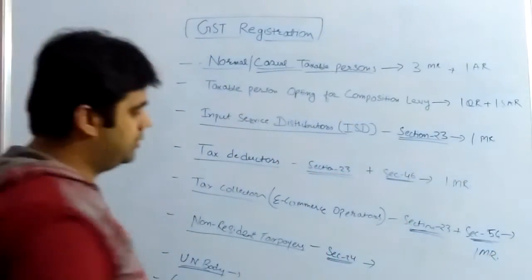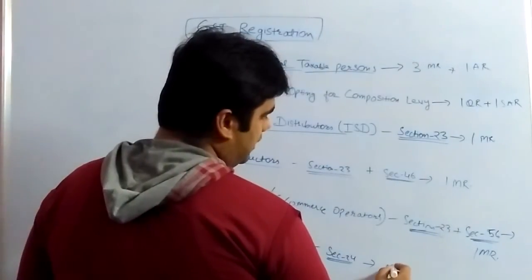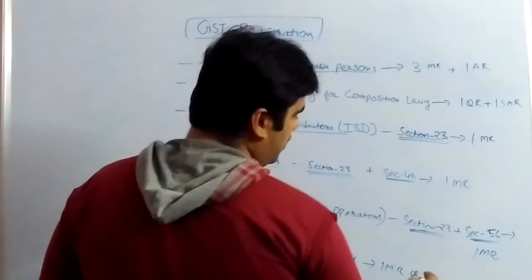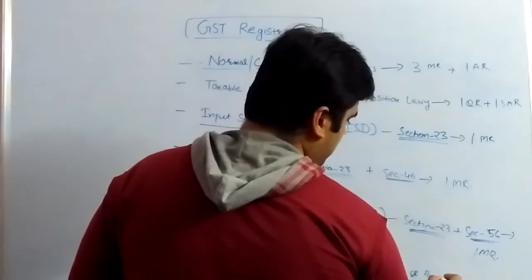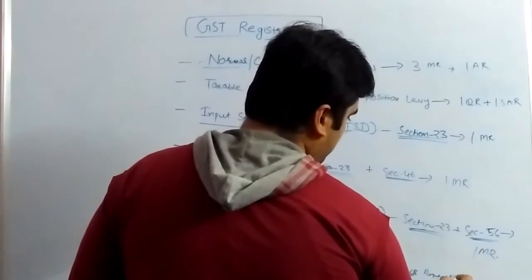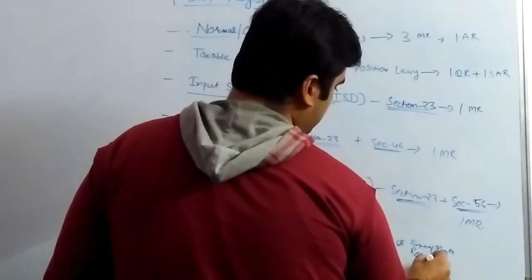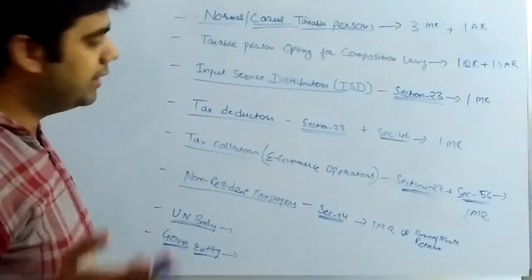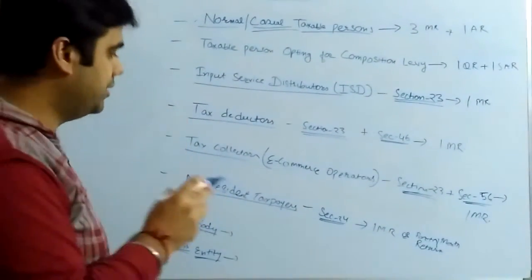Non-resident taxpayers file a monthly return or part of 1 return, because their duration can be lesser than a month, so they have to file for that lesser duration also.